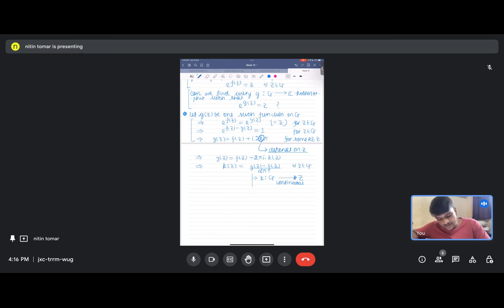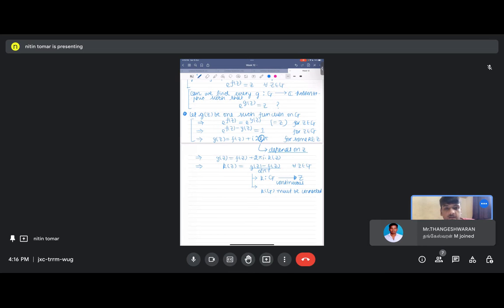Now G is a domain, so G is connected. So k of G, which is a continuous image of a connected set, is always connected. So k of G must be connected, right?